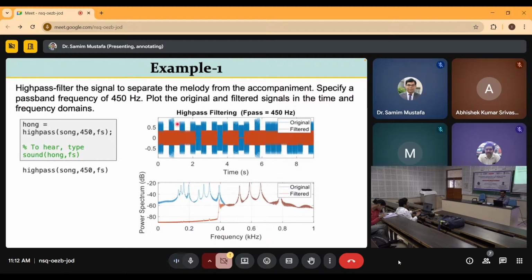So this shows the original as well as filtered time history response for that melody, and this shows the original and filtered power spectrum, where there is frequency on the x-axis and the power spectrum, or PSD we say sometimes. Okay, power spectral density also.